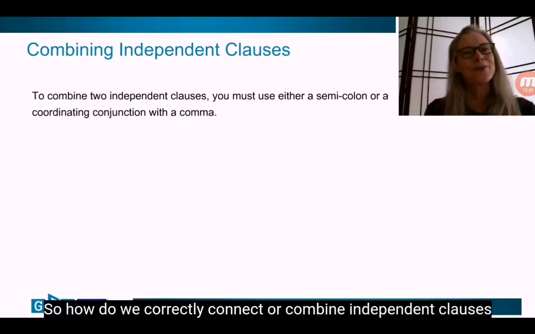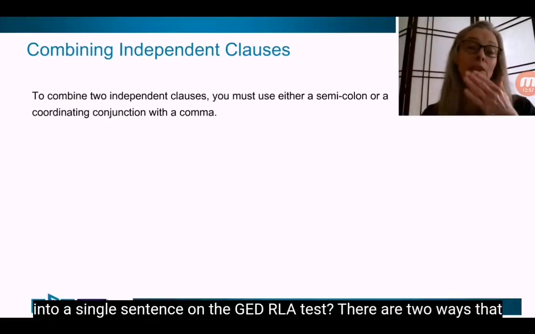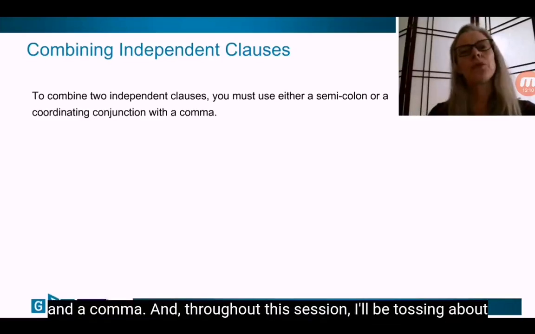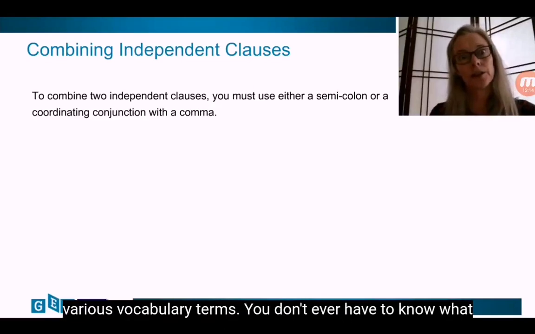So how do we correctly connect or combine independent clauses into a single sentence on the GED RLA test? Well, there are two ways that this can be done correctly: with a semicolon, or with a coordinating conjunction and a comma. Throughout this session, I'll be tossing about various vocabulary terms.